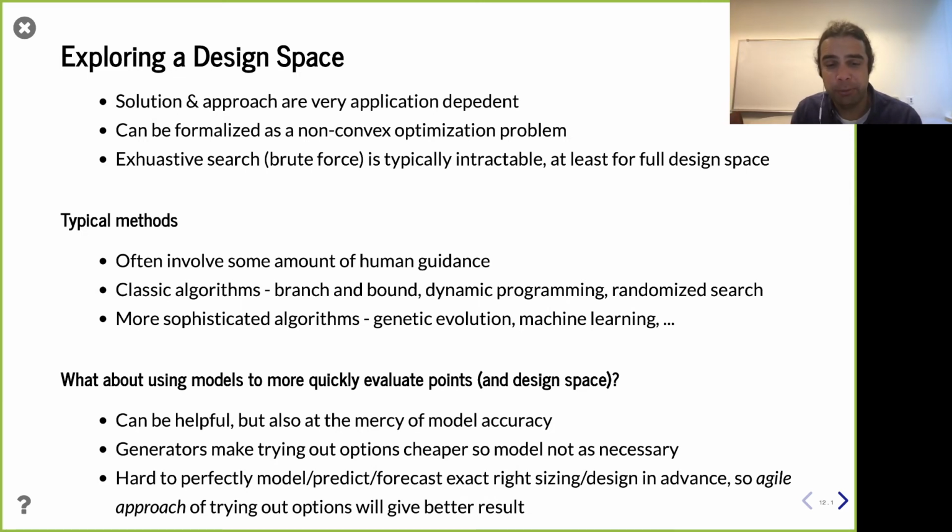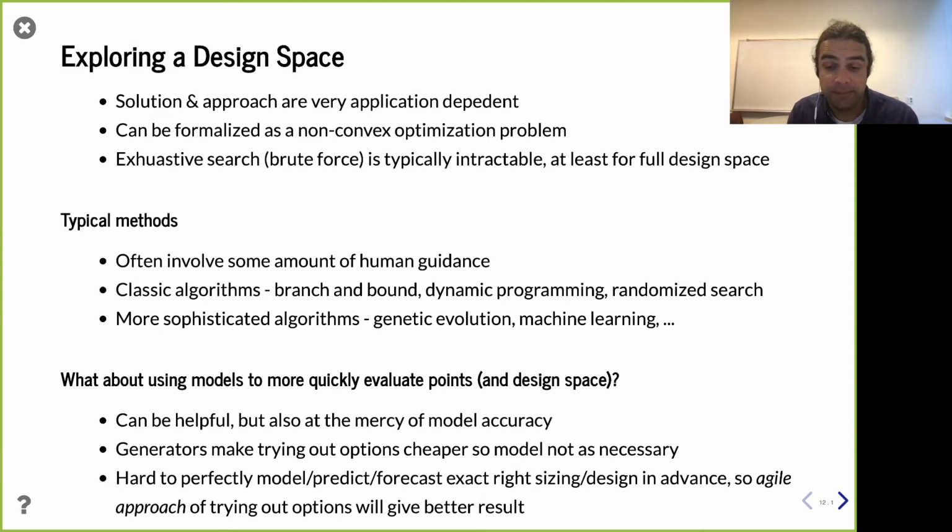That might be a good way to start your design search, right? But if you're actually trying to explore all these design points, what are the ways people have done this historically? All sorts of methods. You have things like branch and bound, where you try things out, see if it's doing better or not, and keep going. Dynamic programming, randomized search. Those are the classic algorithms from decades ago. Obviously, you can do much more sophisticated things. You can do genetic evolution, where you have a design, try perturbing it, see if it's an improvement, and go from there.